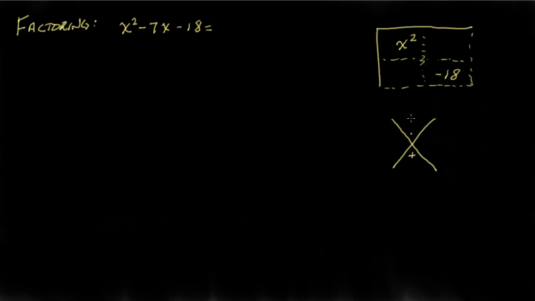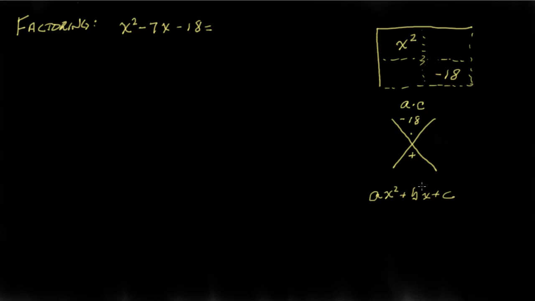On the top, now this is a simple example because my lead coefficient is 1, but on the top here, I'll put the product of a and c. If you think about ax squared plus bx plus c, up on the top I'm going to put the product a times c, which in this case is 1 times negative 18, or negative 18.